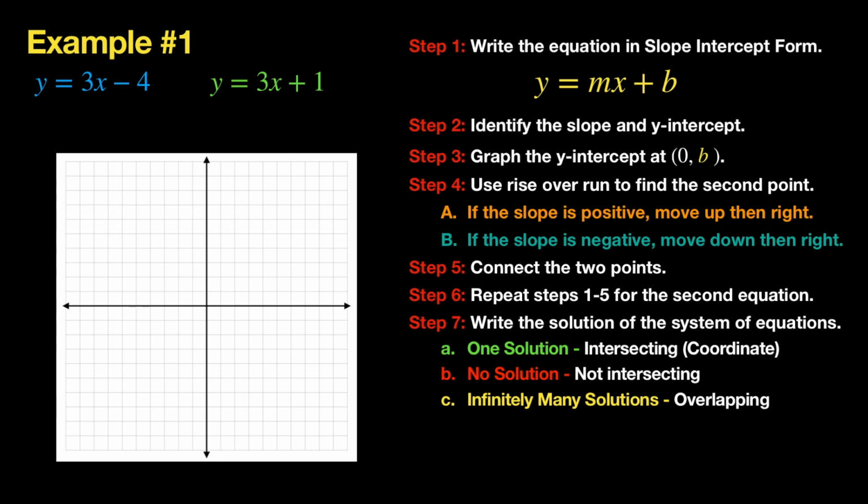In the blue equation, the slope is going to be 3. So I'm going to write m is equal to 3. And the y-intercept, the b, is going to be negative 4. That is going to be our starting point.